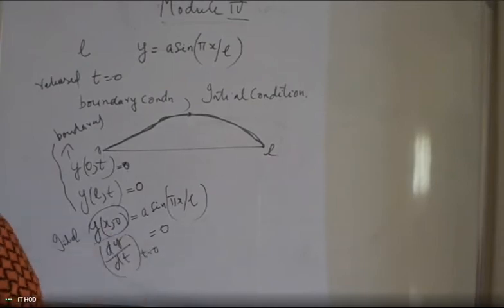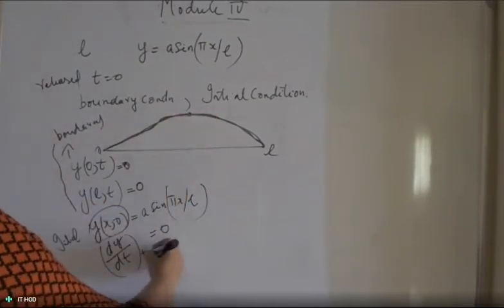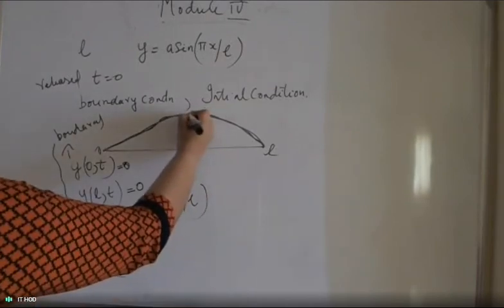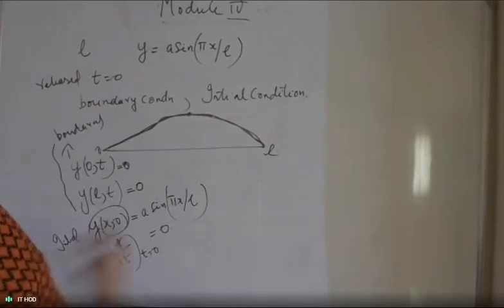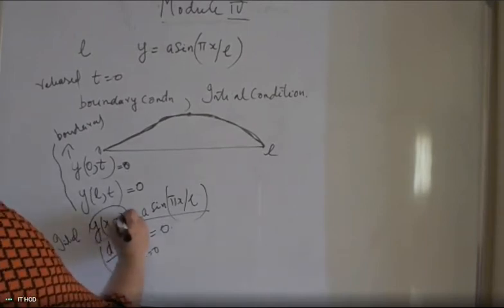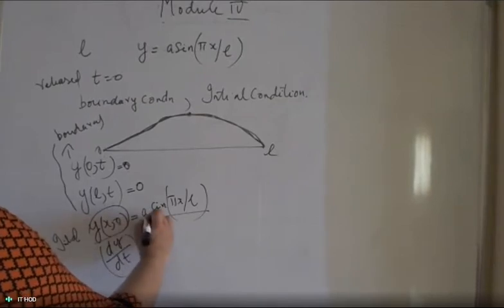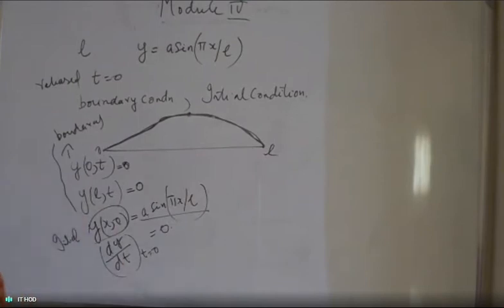Here dy by dt at t equal to 0 will be 0 because the velocity is 0; this is the starting position. And the displacement y(x, 0) at time t equal to 0 is a sin(pi x by L). Once you have this, it will be much easier to find the rest of the problem.